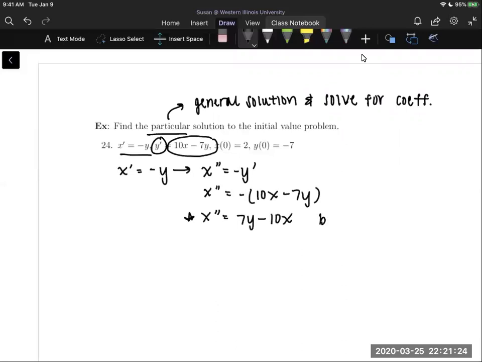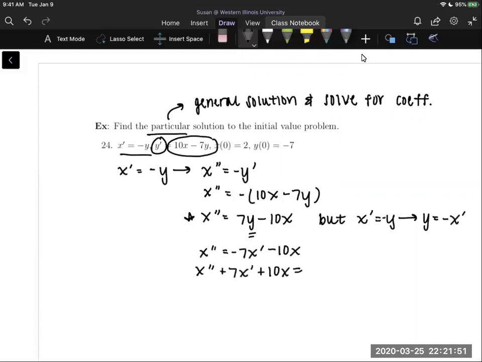However, if I look back to that first DE that I was using, I had x prime equals negative y. So in other words, y is negative x prime. So I'm going to transform this by plugging in negative x prime for y. So x double prime equals negative 7x prime minus 10x. So x double prime plus 7x prime plus 10x equals 0. So here's where I'm at.